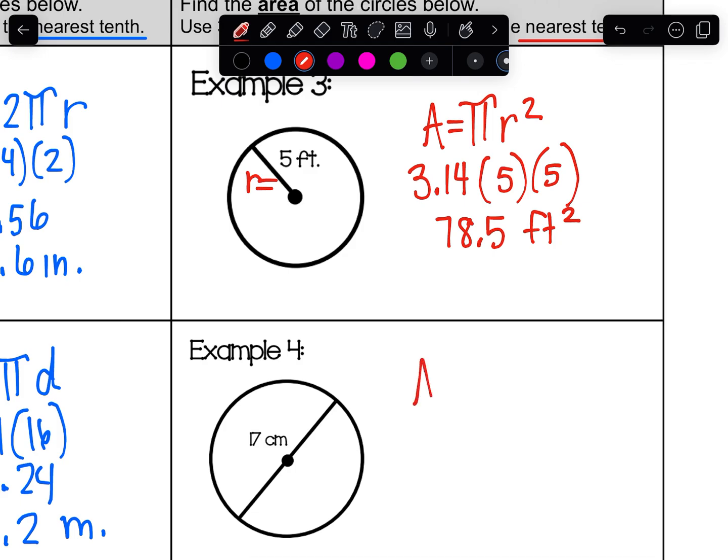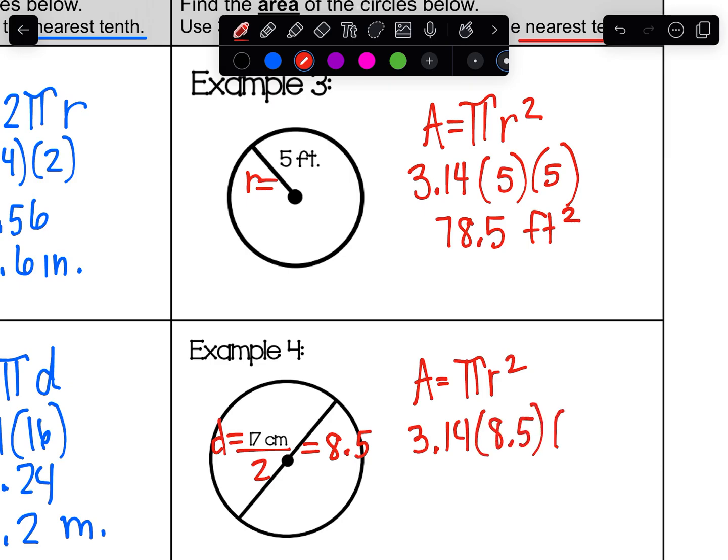Going to example number 4. Area equals pi r squared. 3.14, and this time I notice I have the diameter, so I need to break 17 into a radius. I'm going to divide it by 2, and 17 divided by 2 is 8.5, so that's my radius.